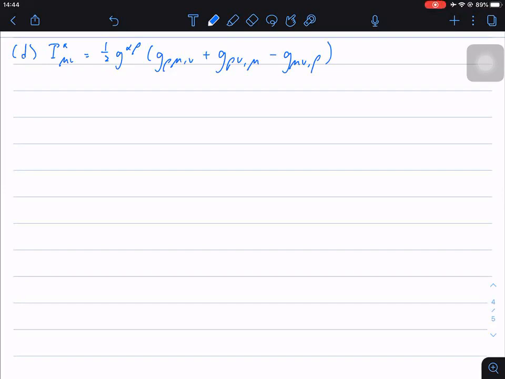Okay, so again, let's plug all the things into these equations. First of all, let me copy the metric tensor we have just found in the last question for the calculation.